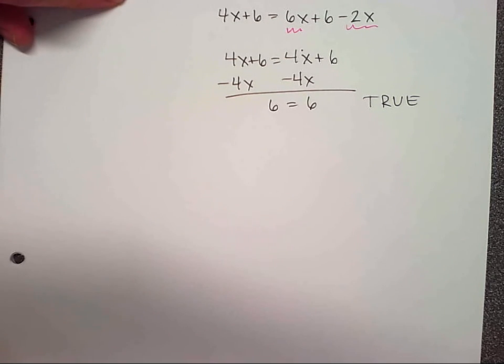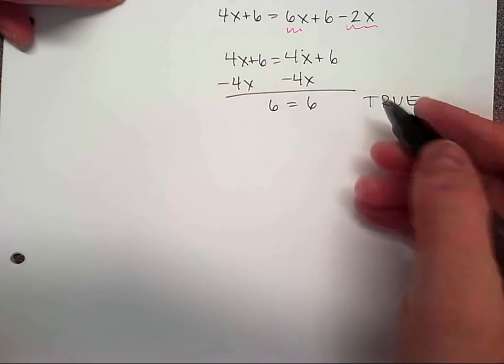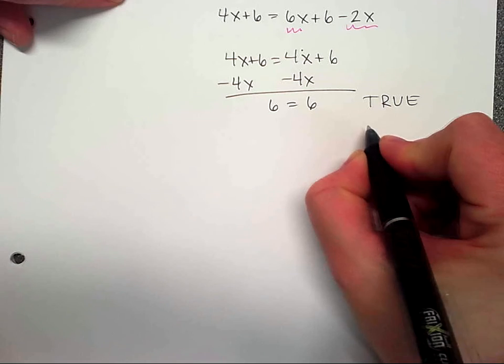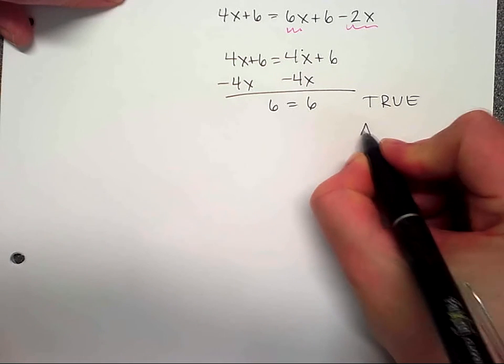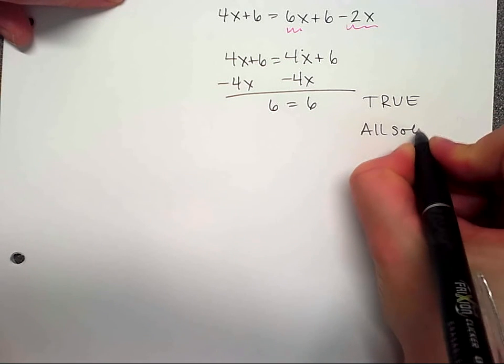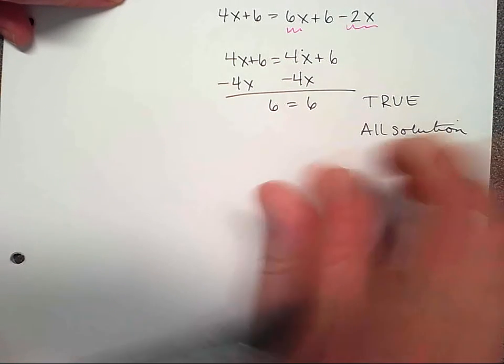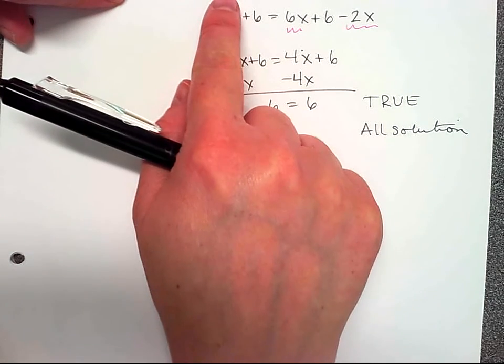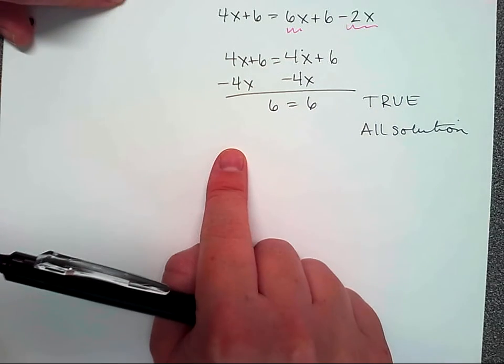Has infinite solutions. Good. So a true statement means it's consistent. It's the identity. And the solution is all real solutions, because I can plug in any value for x and I'm going to get a true statement.